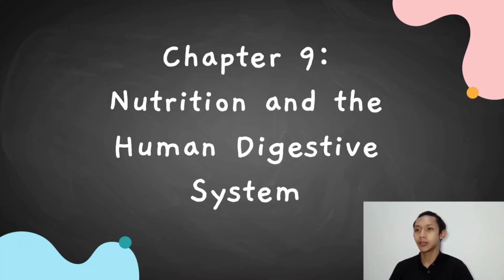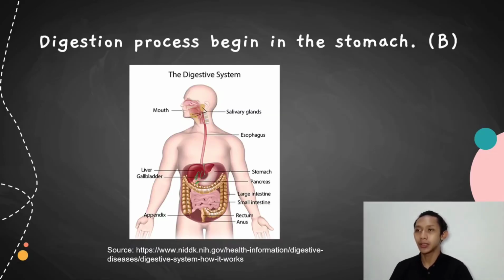Okay, next I will proceed to chapter 9, which is nutrition and the human digestive system. So the misconception of this chapter is that the digestion process begins in the stomach. The student has this misconception before learning the topic, which is they have pre-knowledge of this topic from lower form.